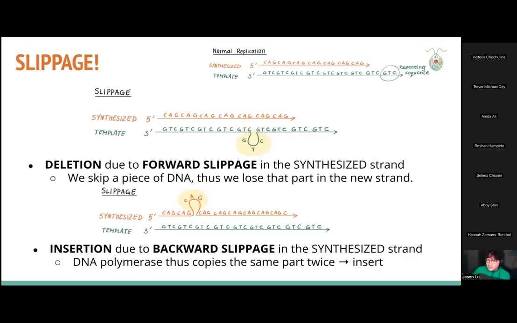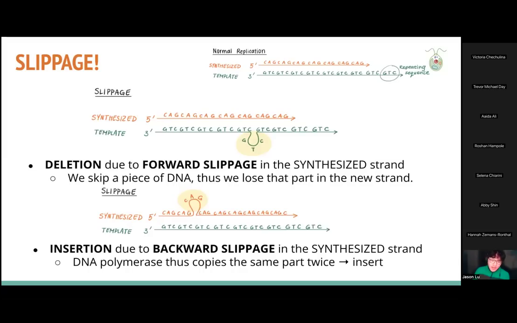The synthesized strand continues to be synthesized and keeps base pairing with whatever is forward, so we're going to have a little loop here that's highlighted, hanging out in our template strand, unbase paired, because we skipped that part. We don't have that part in the synthesized strand.